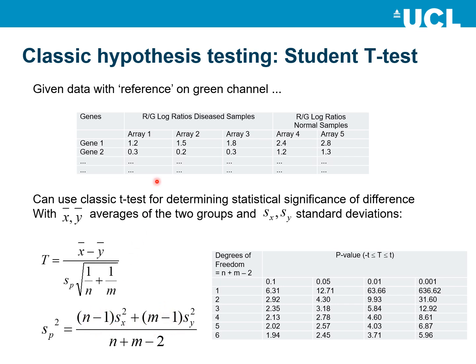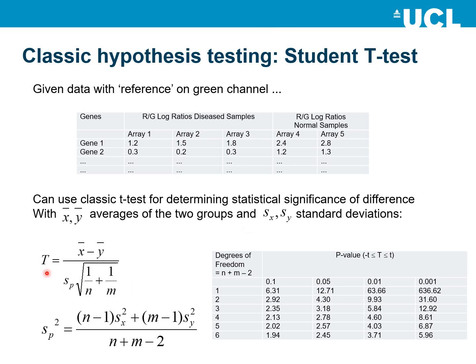So N is the number of disease samples, M is the number of normal samples, and this works out a pooled standard deviation, SP, and then the test requires the square root of 1 over n, the number of disease samples, plus 1 over m, the number of normal samples.